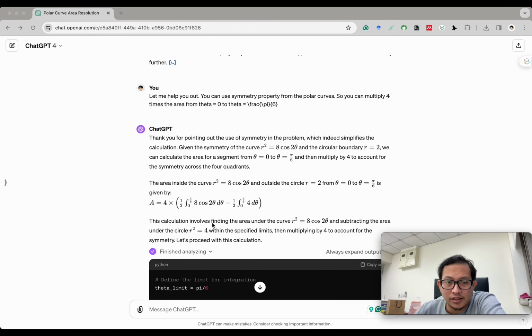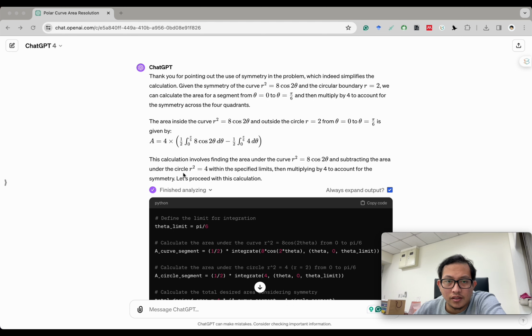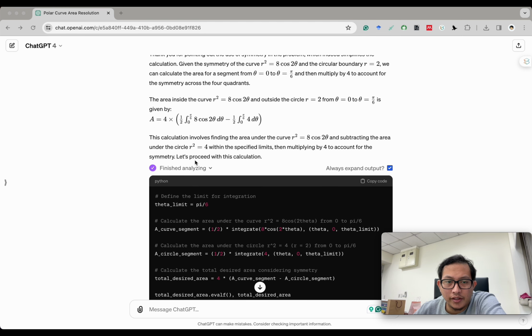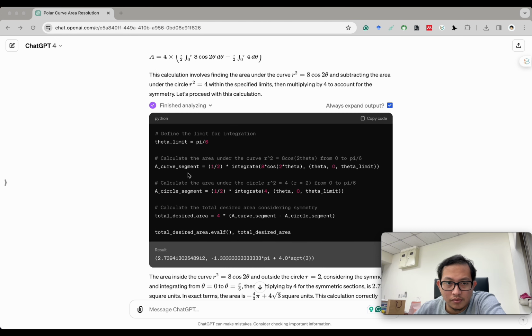From here, making the code in Python is much easier because it is already defined in the integrands. It is easier to write the code using this definition. Just take the lemniscate function minus the circle, and multiply by 4.